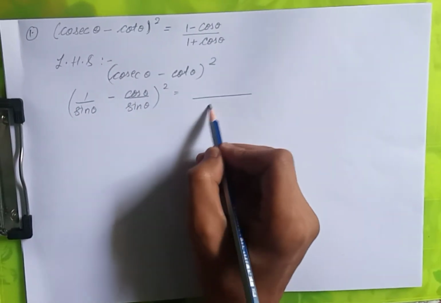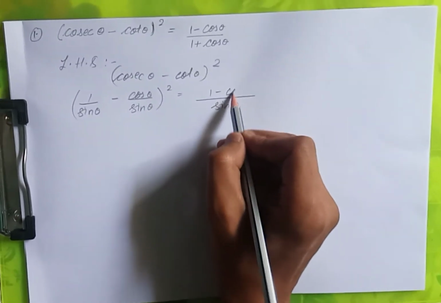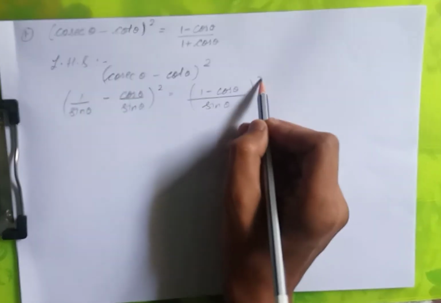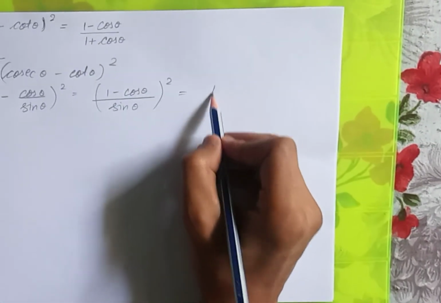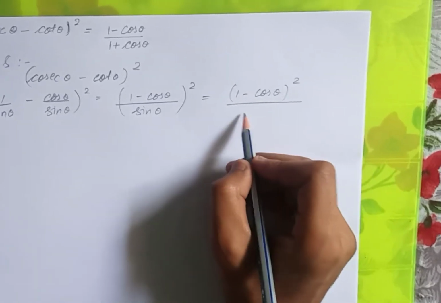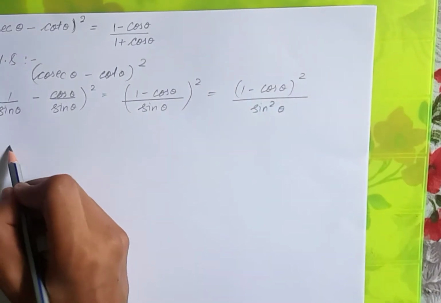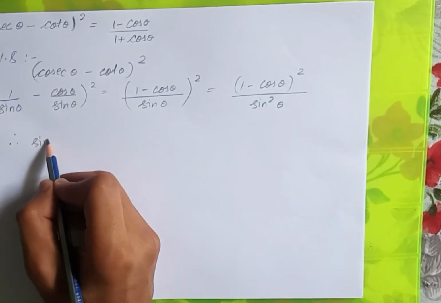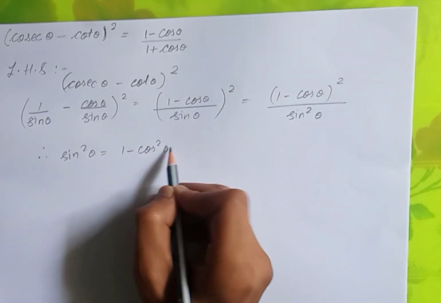Now LCM is sin theta and the numerator is (1 minus cos theta) whole square. Now (1 minus cos theta) whole square and sin square theta. We know the identity of sin square theta is 1 minus cos square theta.